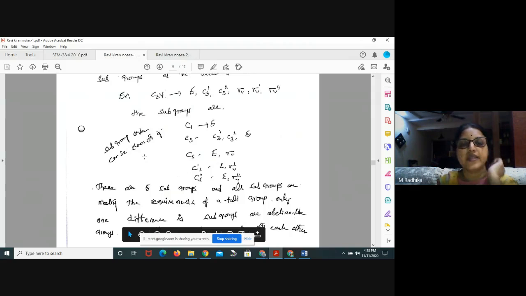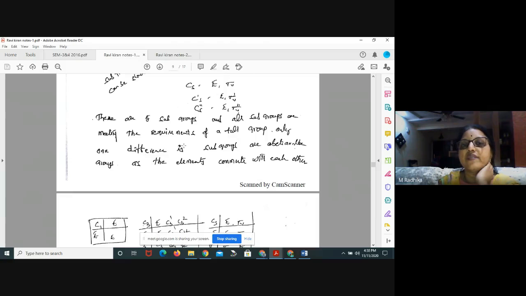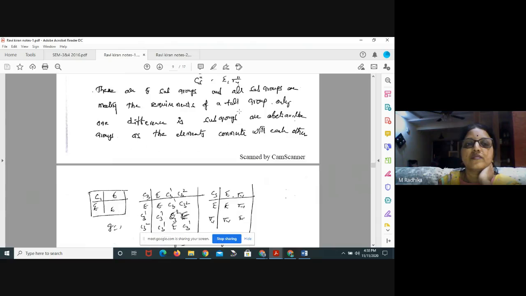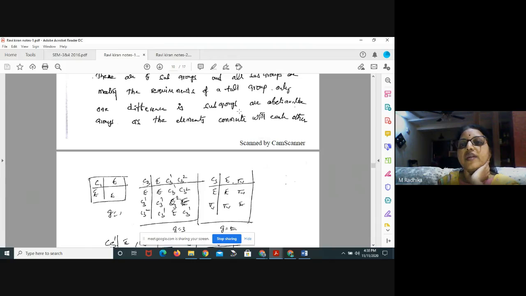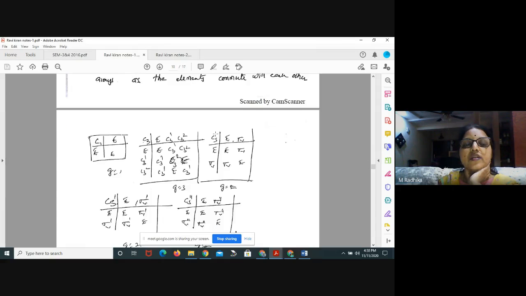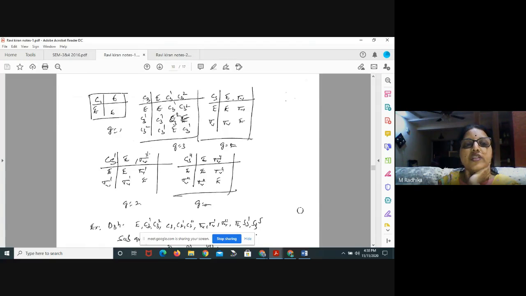And these subgroups together make the full group. You have to remember that these subgroups are abelian, meaning they can commute with each other. Now a subgroup is represented as small g.